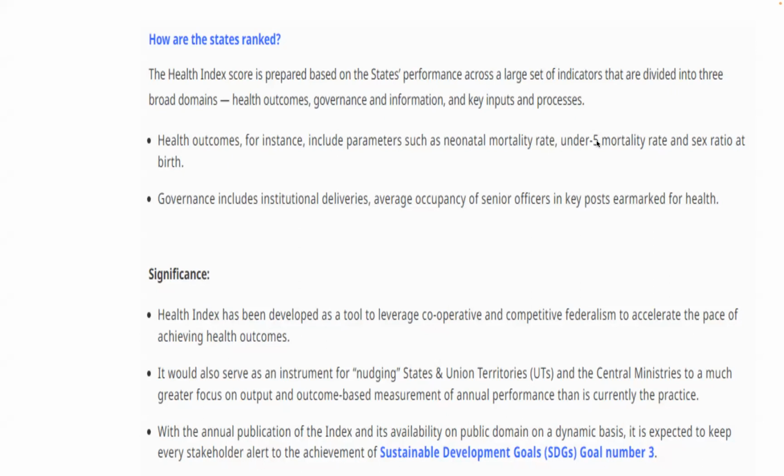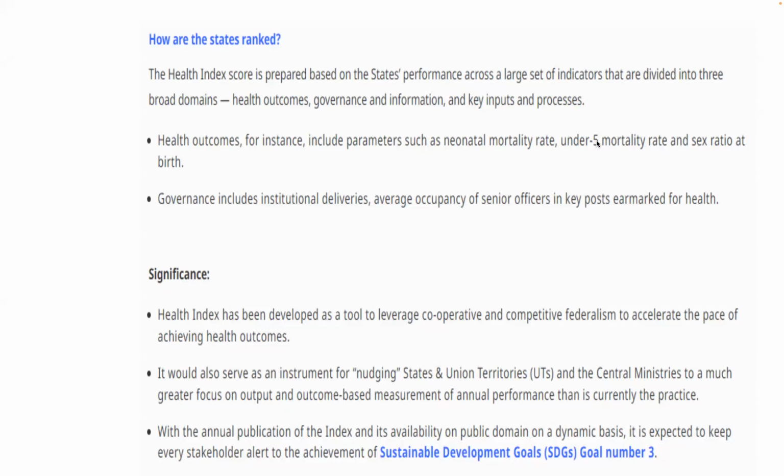And once this competition is there, the outcome achieved will be in better form. This can be one best tool to make people work, to accelerate the pace of any health outcome or to achieve any target.